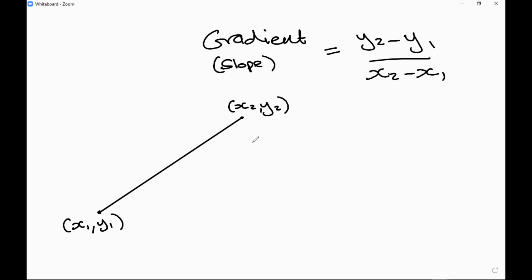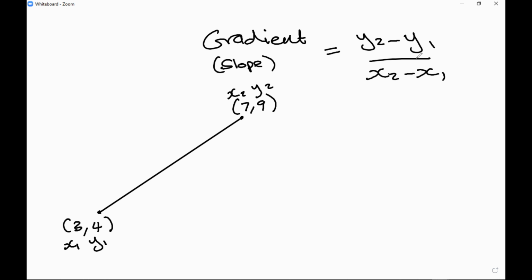If I want to find the gradient of this, then I just have to substitute it in. Make this 3 and 4. Let's make this one 7 and 9. So this is x1, that's y1. This is x2, this is y2.